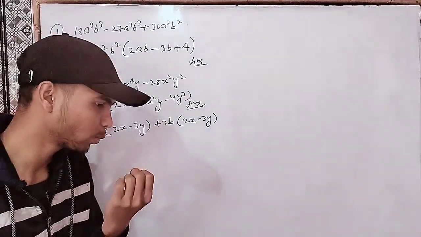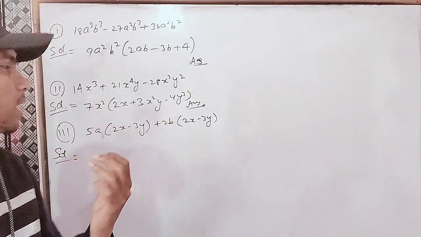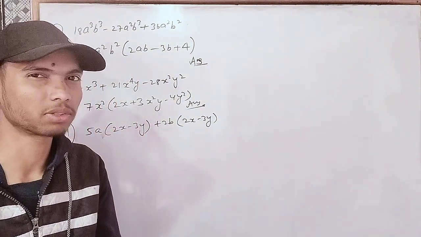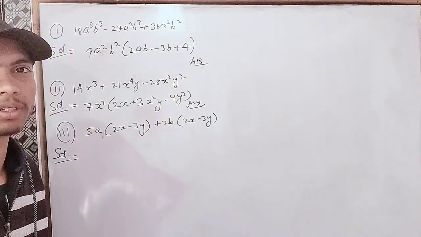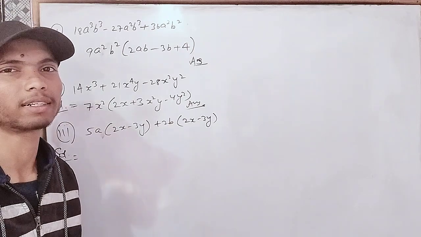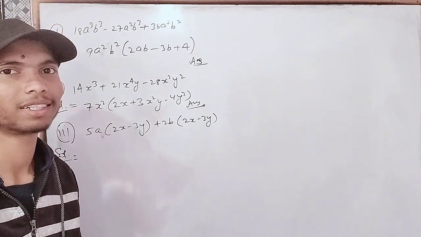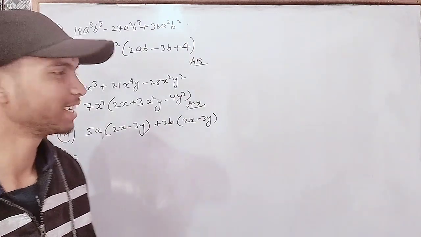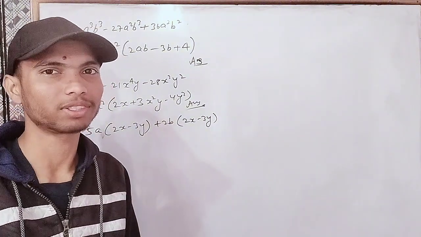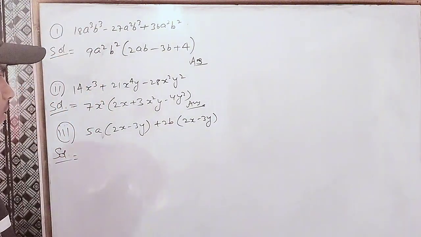So here we are looking that this is already in expansion. So why do we need to factor it? It can't be factored because it is already in expansion. So here we have only one step that can be written.